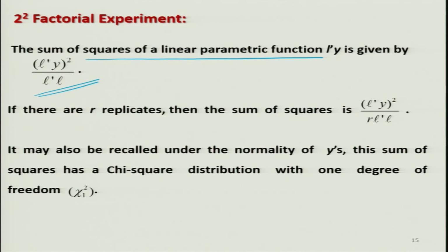And if there are replicates, suppose there are r replicates, then the sum of squares is given by L transpose y whole square divided by r times L transpose L.